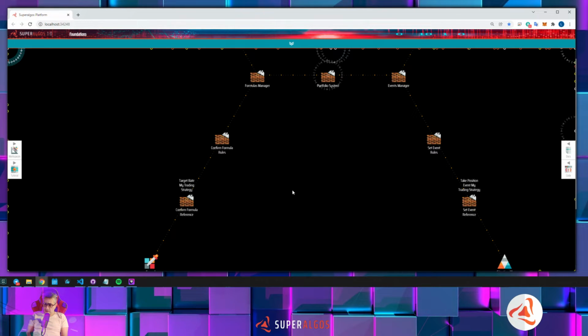Is that good or bad? Because there might be a situation where we want to know what was the snapshot of the status at the close of the last candle of all of the bots.